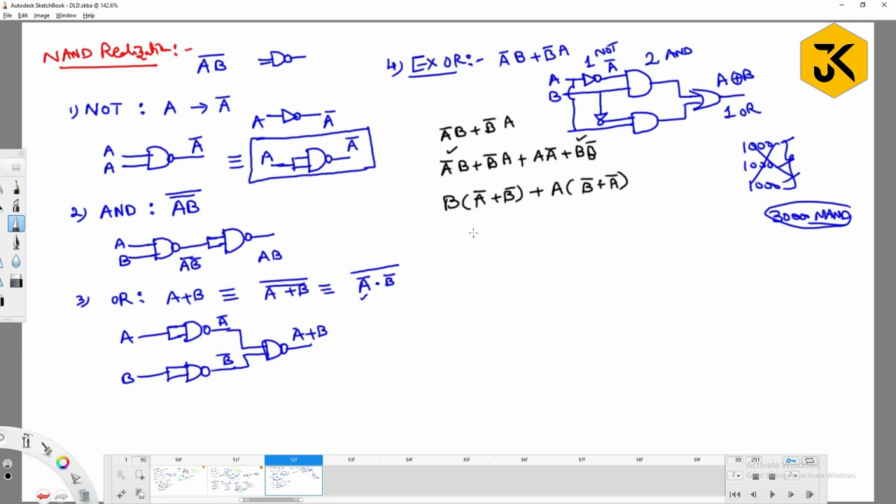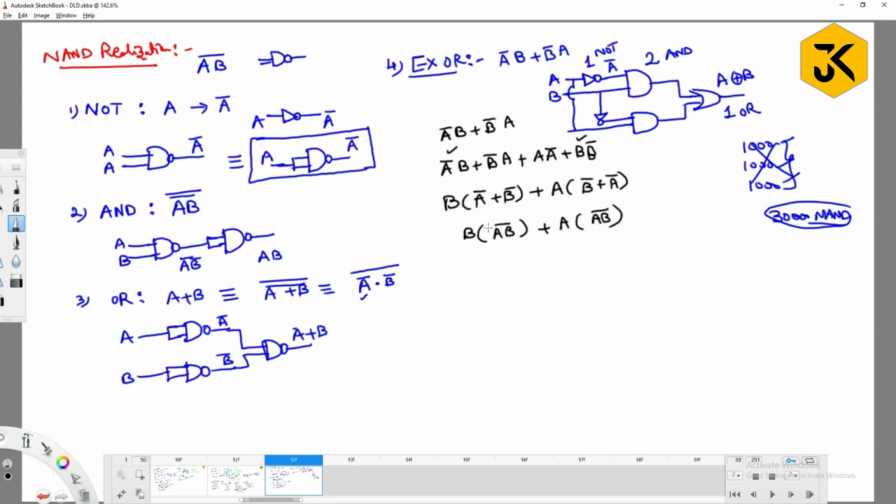Now can I write like this? This is De Morgan's law. If A bar plus B bar, can I write it as AB whole bar, plus AB whole bar? Both are the same, AB whole bar.